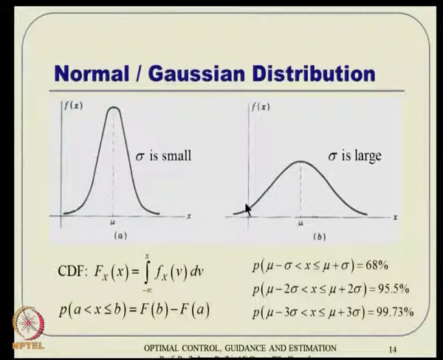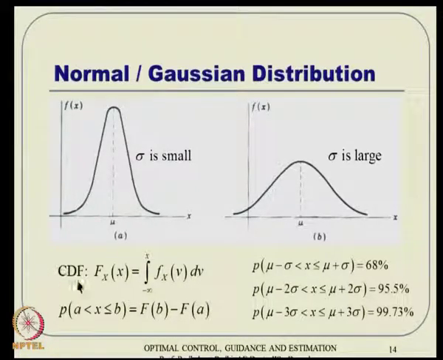Mu probably remains the same in both plots, but if sigma is small, most of the values are centered around mu, but if sigma is large, then many of the numbers are deviated away from mu. That is what it tells you. But the area under the curve will remain the same, because if you take the integration from minus infinity to plus infinity, both will give us 1.